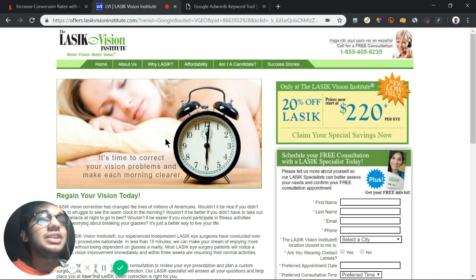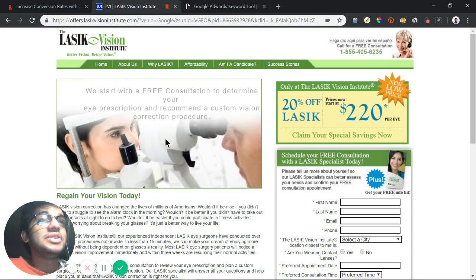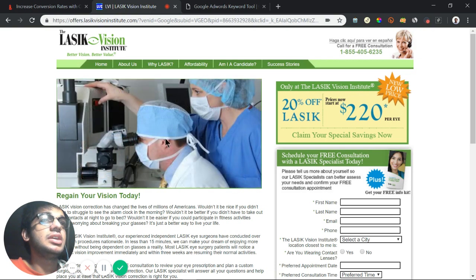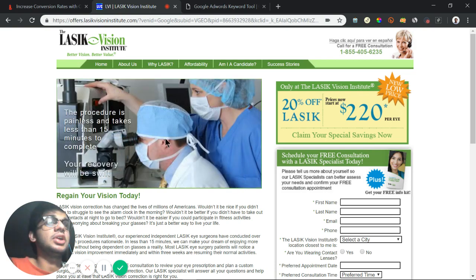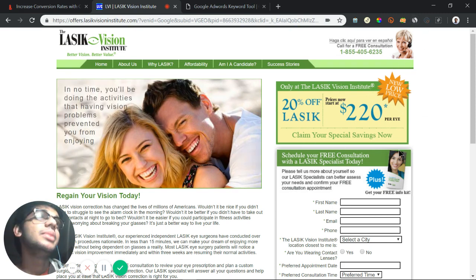It's similar to the landing page our LASIK customer sent us when they asked us to increase their conversion rate. But there's a lot wrong with this. On the surface, I am seeing 3, maybe 4 glaring issues. The first one is the stock images look a little bit artificial.